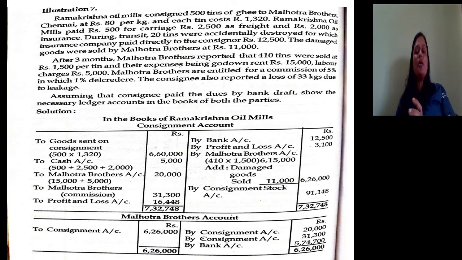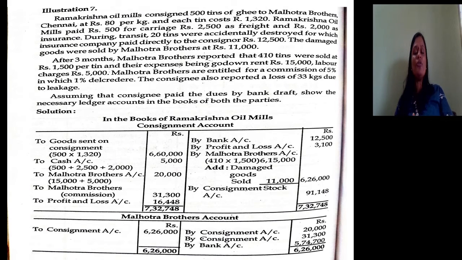Ramakrishna Oil Mills paid 500 for carriage, 2500 as freight, 2000 as insurance. During transit, 20 tins were accidentally destroyed, for which the insurance company paid directly to the consignor 12,500. The damaged goods were sold by Malhotra Brothers for 11,000. After 3 months, Malhotra Brothers reported 410 tins were sold at 1,500 per tin, and they incurred godown rent of 15,000, labor charge of 5,000.